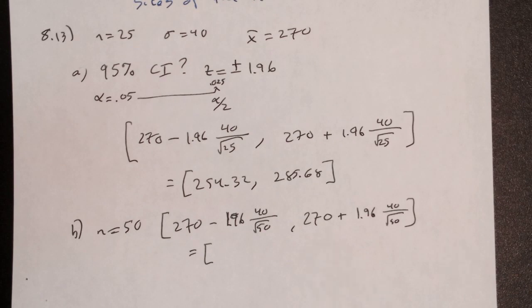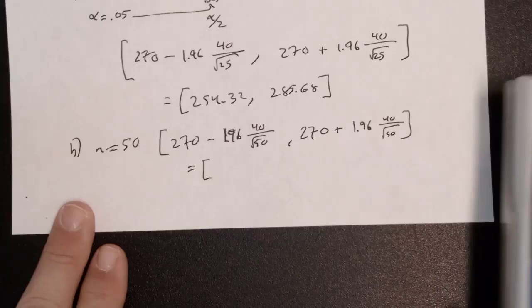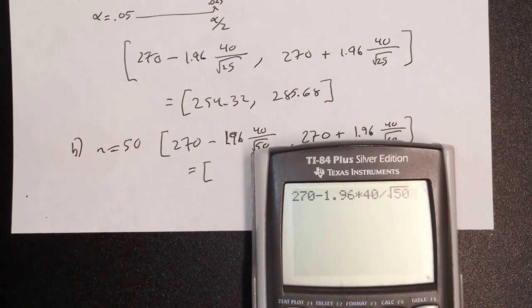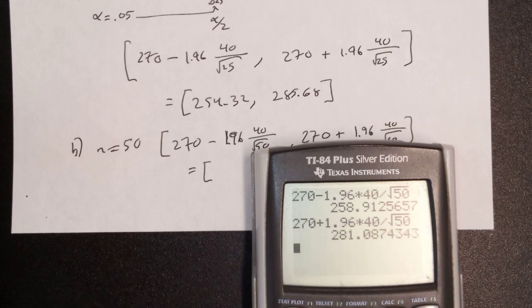Now this time, the square root of 50 is not a nice number. So I'll just leave it as the square root of 50. And when I go to do the subtraction, I'll type it in exactly that way: 1.96 times 40 divided by the square root of 50. And when I subtract, I get this number. And then I can repeat the calculation and change this minus sign to a plus and get the other end. So now my interval goes 258.9 to 281.1.